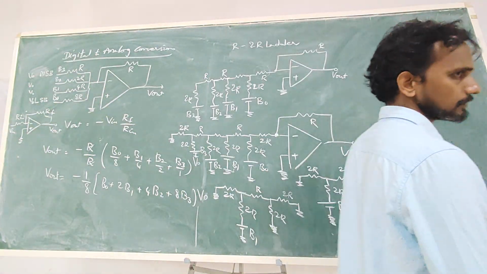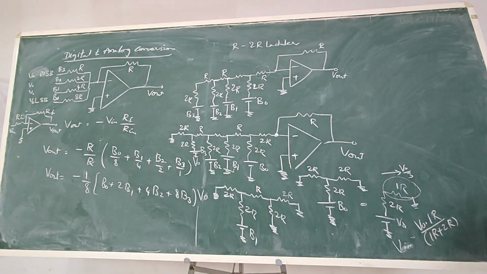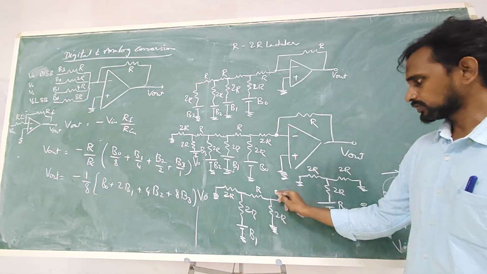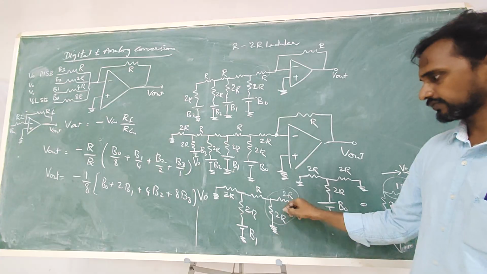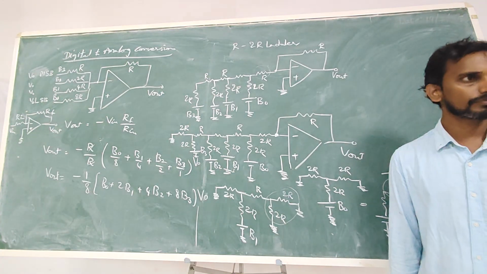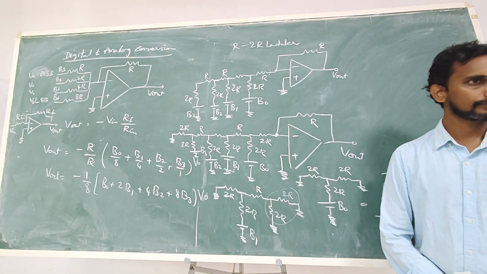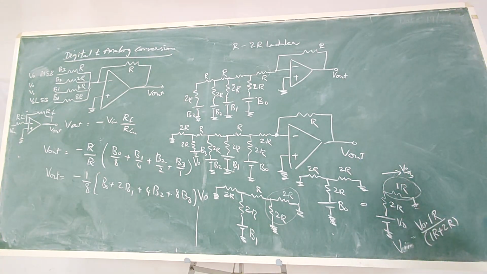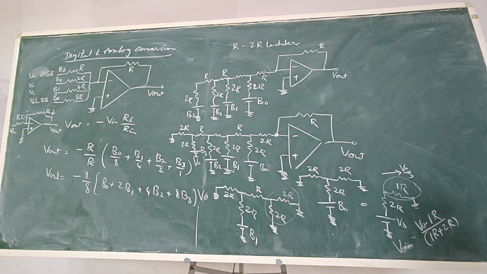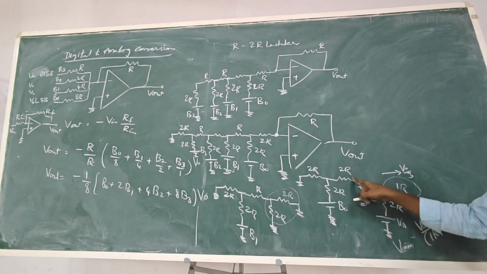Here I am considering B1. So 2R and 2R in parallel will give you R. R plus R is 2R. So you get the previous circuit again, 2R, 2R and 2R.